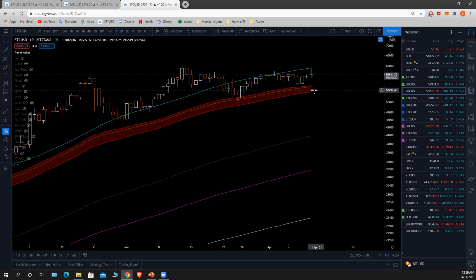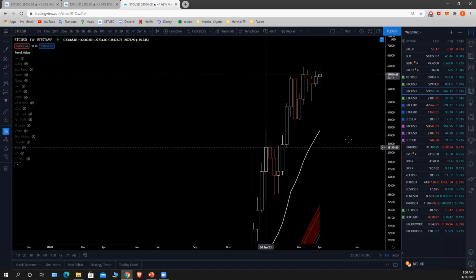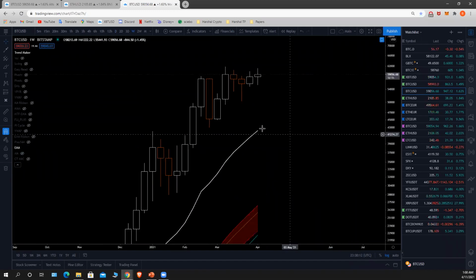If this ribbon breaks on the daily time frame, then the next support level is quite far away. I mean, there is a pretty huge gap in between. So next is 41,000. Actually, this level is very interesting because if you plot the weekly 21 EMA, that is also coming around 42,000.